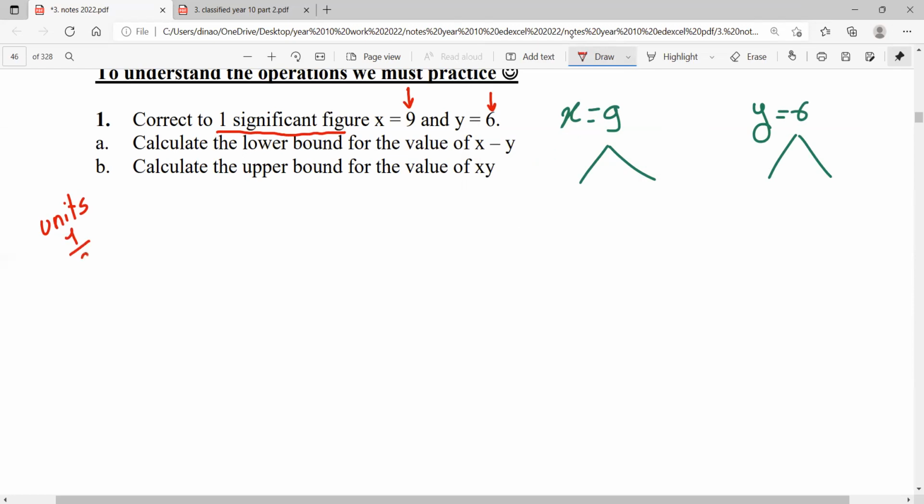And as we said, you always divide by 2, which is 0.5. Add, subtract, add, subtract. Add 0.5 to find the upper bound. Subtract 0.5 to find the lower bound. So the upper bound of the y, the lower bound of the y, the upper bound of the x, the lower bound of the x. And خلاص, this I don't use anymore.